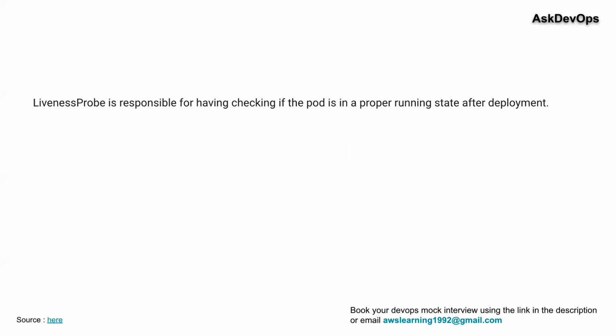So what's the answer for this? A liveness probe is responsible for checking if the pod is running properly, or is in a proper state. When the pod gets deployed, you have a deployment file, right? And from this deployment.yaml, your pod gets deployed inside Kubernetes.